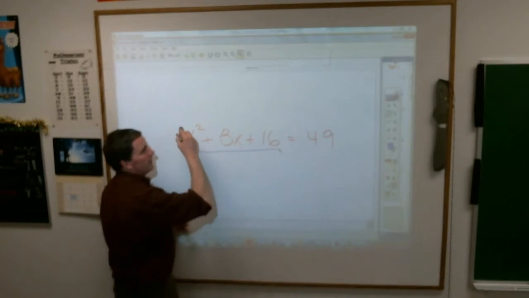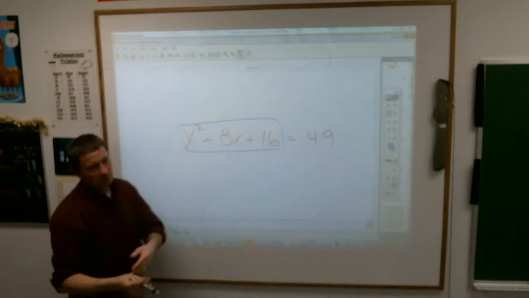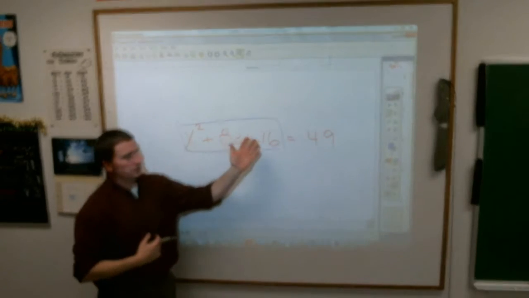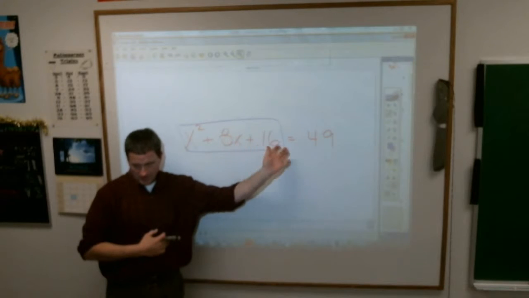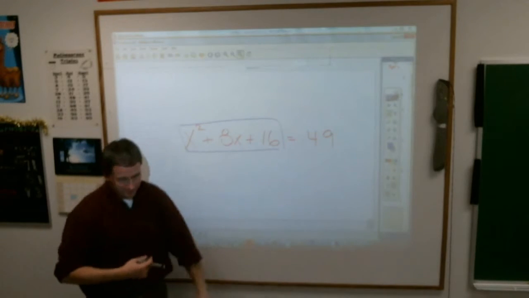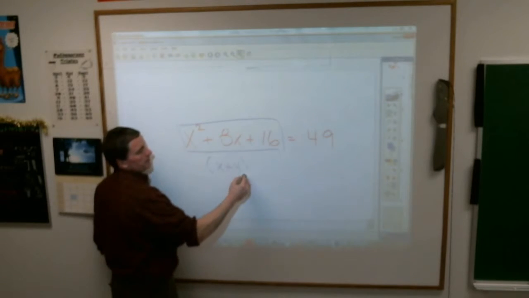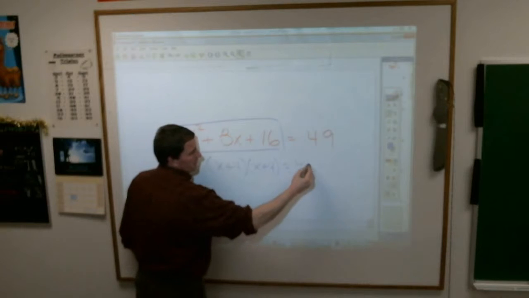Look at this trinomial. Remember reverse FOIL, we've done that probably a zillion times. What times what gives you 16 when added together gives you 8? I know it's tough. X plus 4, x plus 4. Look, you get x plus 4 times x plus 4 equals 49.